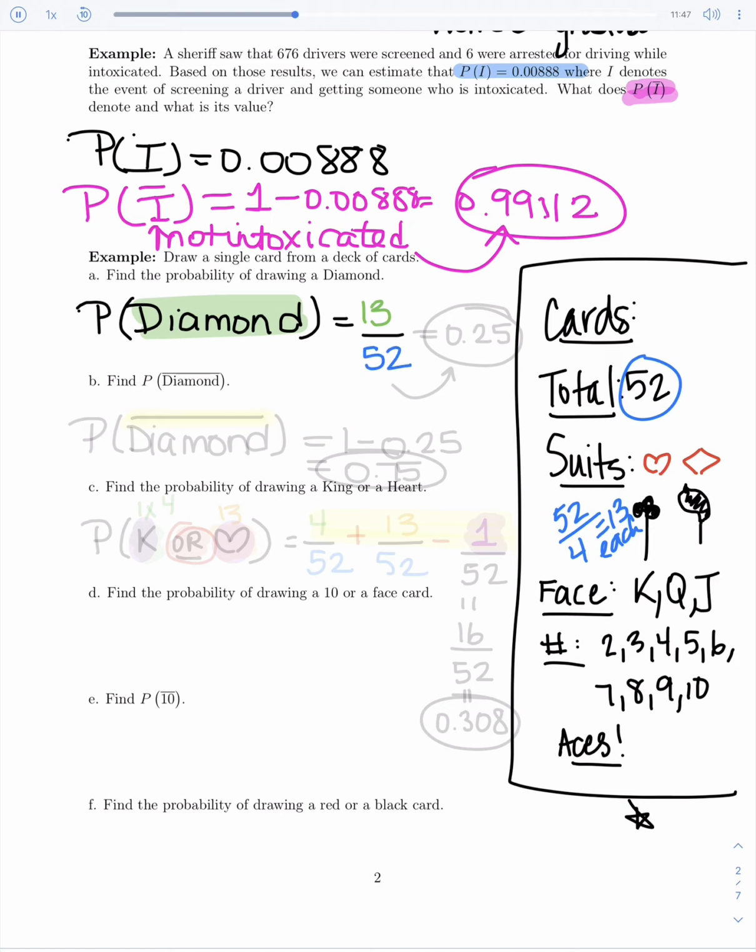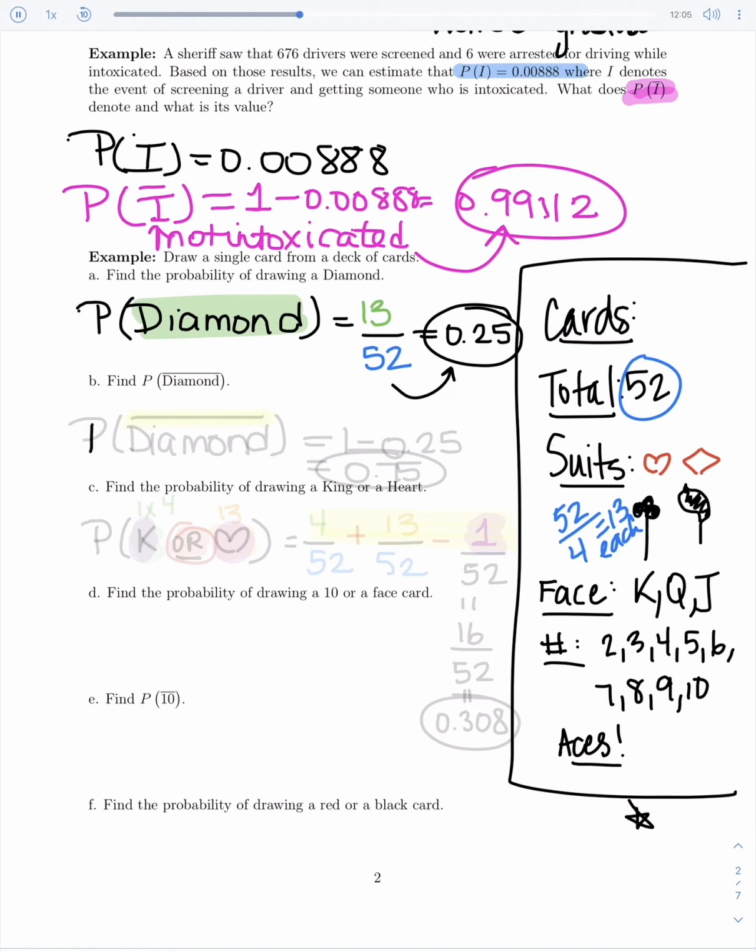So that's 13 divided by 52, which ends up being 0.25. We're going to leave it as an unreduced fraction and as a decimal. Unless they actually ask you to reduce your fractions, I wouldn't bother.